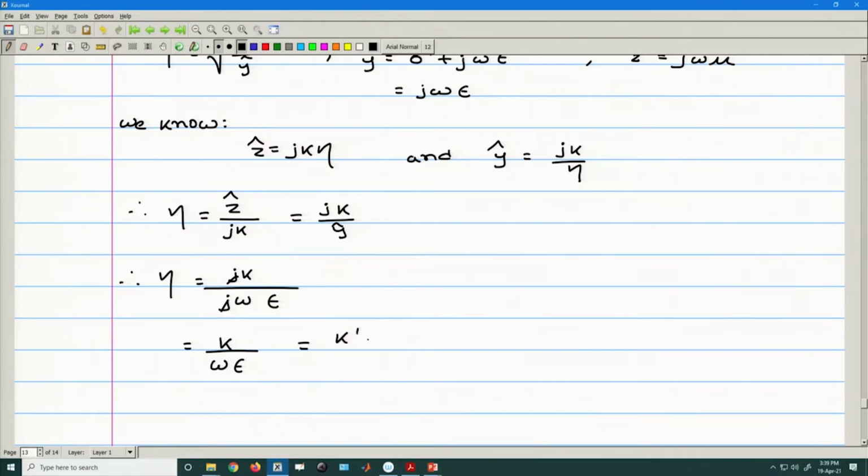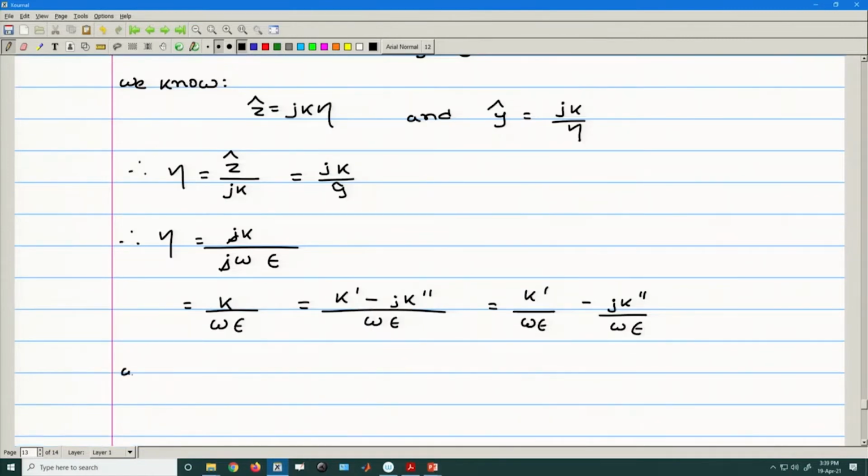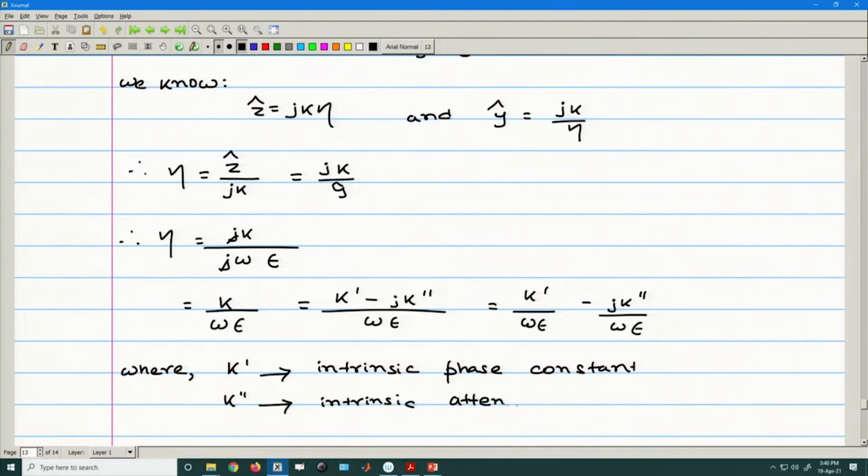So, k is written as k prime minus j k double prime upon omega epsilon, that is k prime by omega epsilon minus j k double prime by omega epsilon, where k prime is the intrinsic phase constant, and k double prime is the intrinsic attenuation constant. Okay.